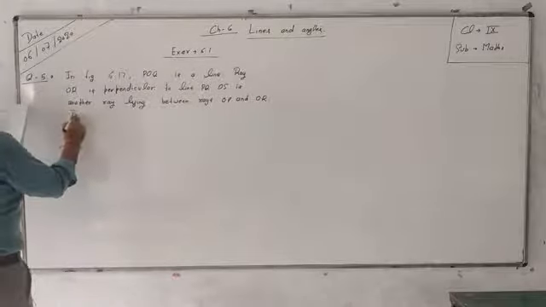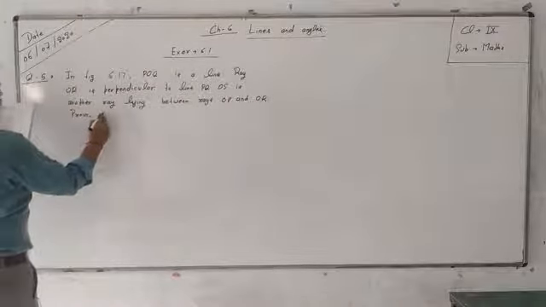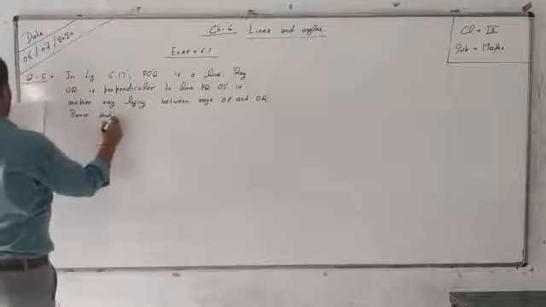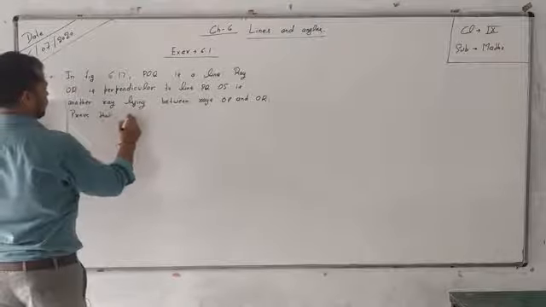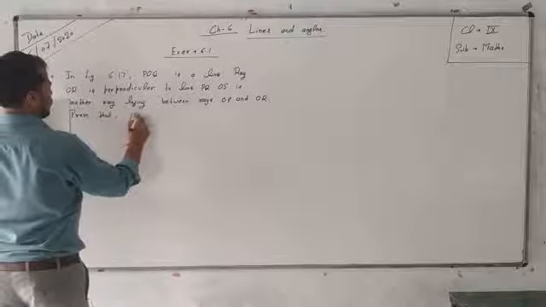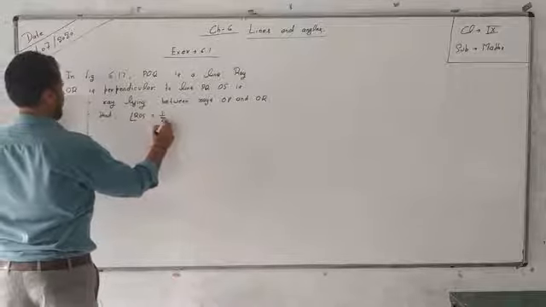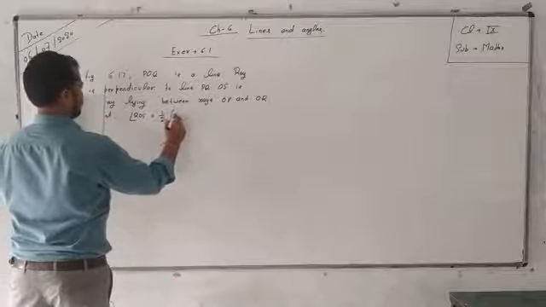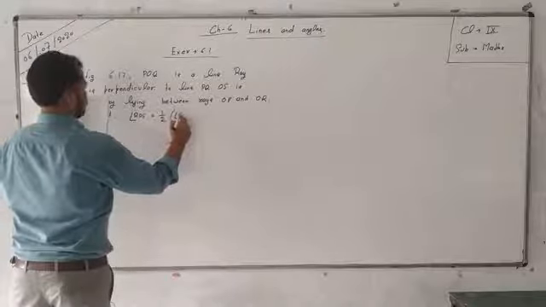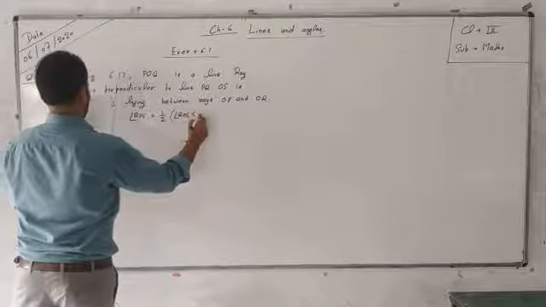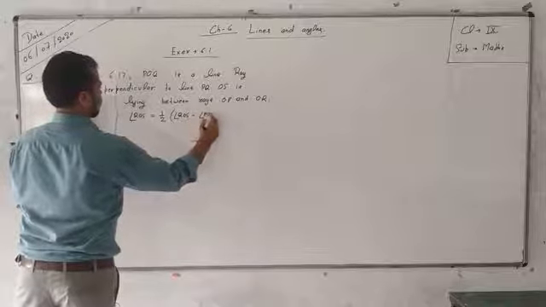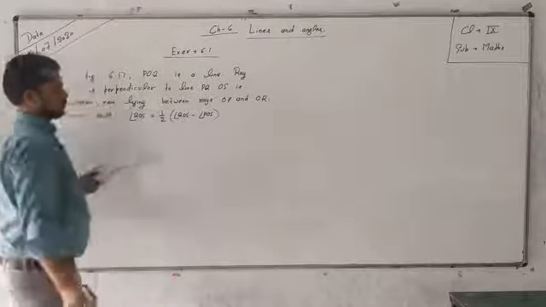Prove that. What we have to prove? Prove that angle ROS is equals to half in bracket angle QOS minus angle POS.